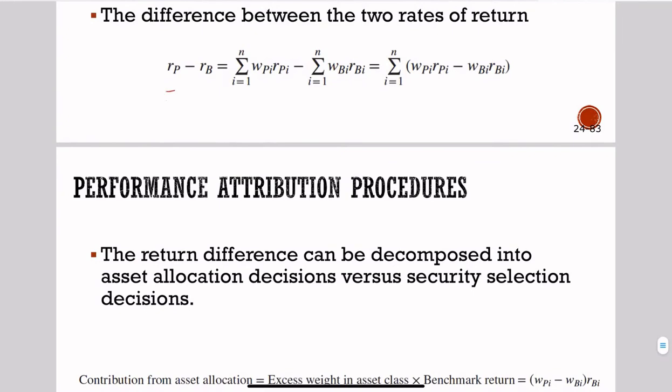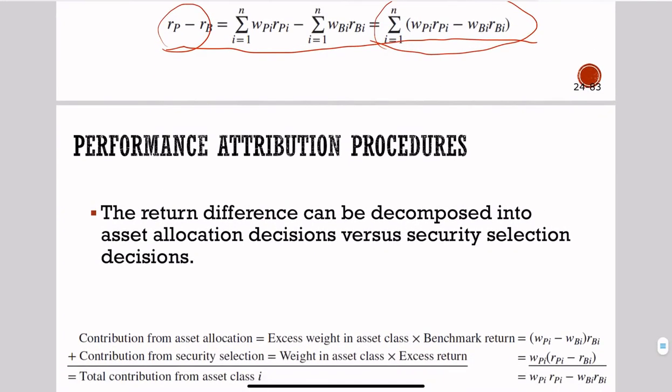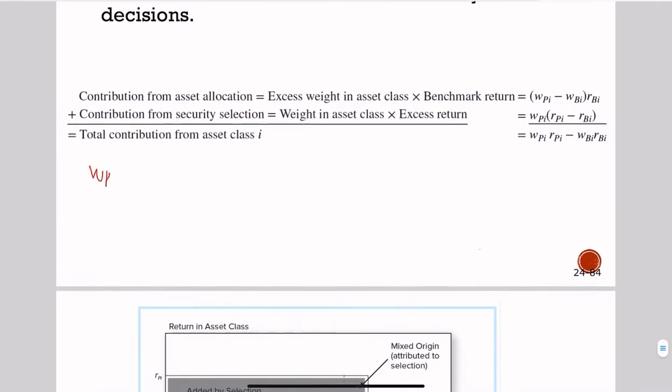According to this formula, the return difference is given by this formula. And essentially W_Pi R_Pi minus W_Bi R_Bi gives us the return difference in each asset class i. So let me write this difference down.